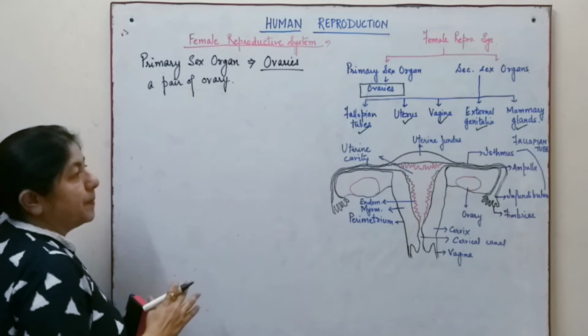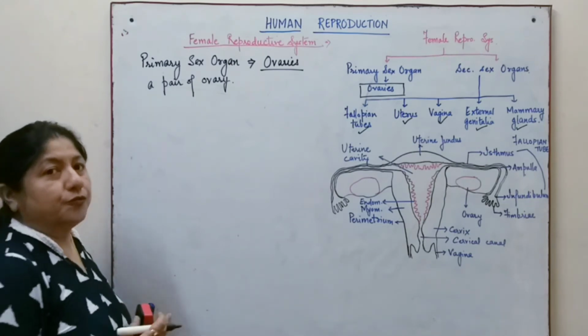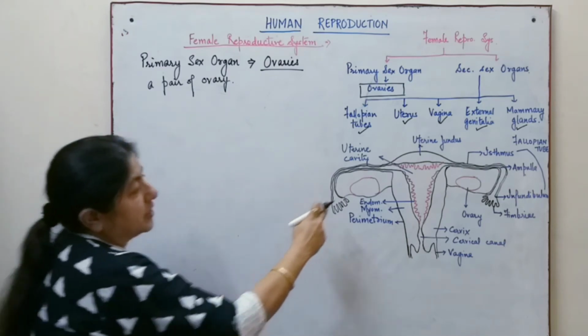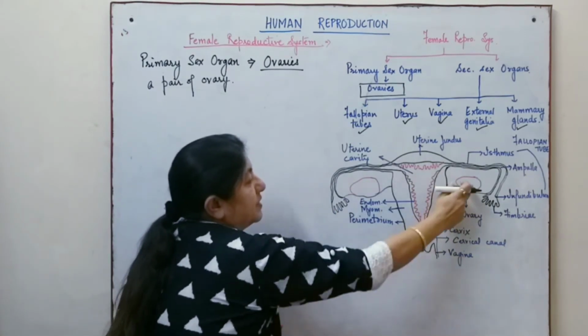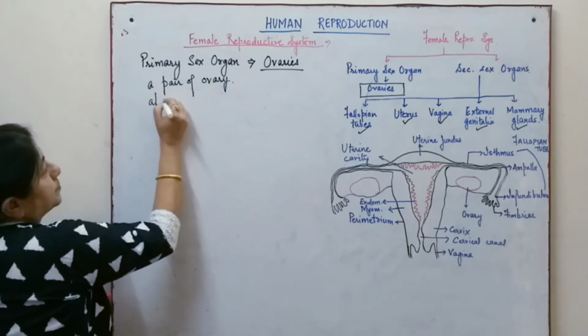When we talk about the structure, shape and size, each ovary, located on either side of the pelvic region, is an almond-shaped structure.